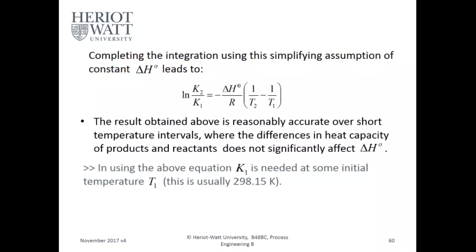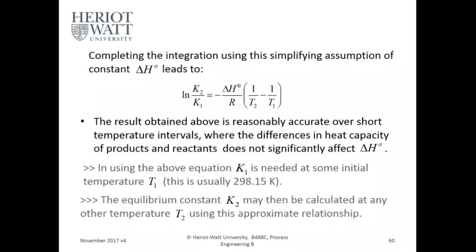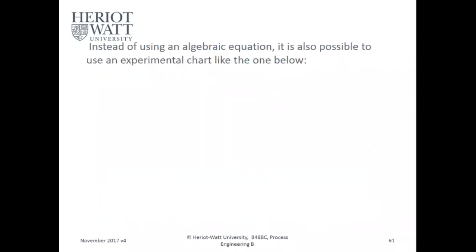In using the above equation, K1 is needed at some initial temperature T1. This is usually 298.15 K, and the equilibrium constant K2 may then be calculated at any other temperature T2 using approximate relationships. We'll do a question on this. Instead of using an algebraic equation, it is also possible to use an experimental chart like the one below.